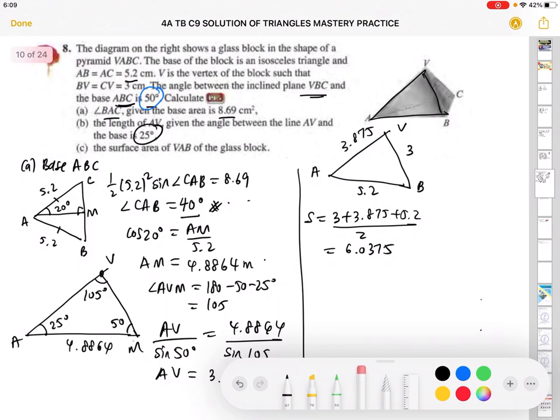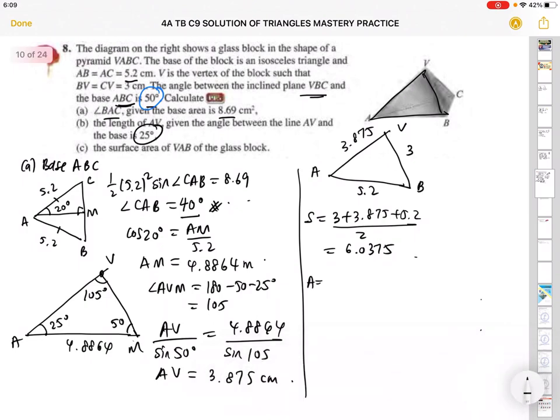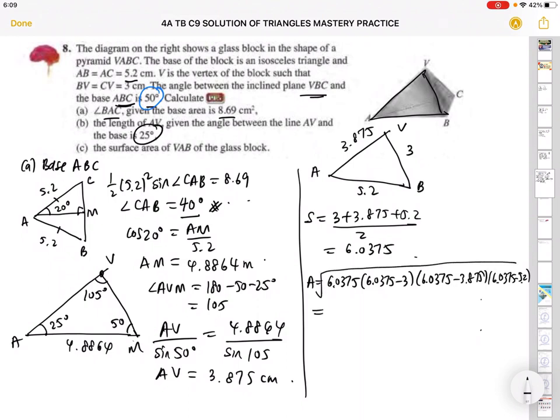A equals to 6.0375 multiply 6.0375, you need to minus 3, 6.0375, you need to minus 3.875, and last one 6.0375 minus 5.2. Sorry, very, very small. You need to squeeze it in. Put the square root over. There you go. Answer is 5.763 cm. Okay, can?